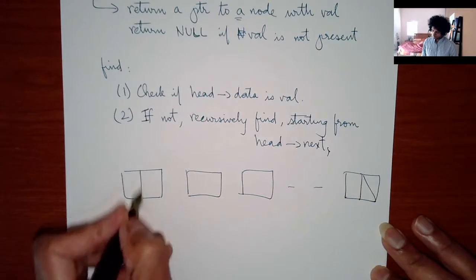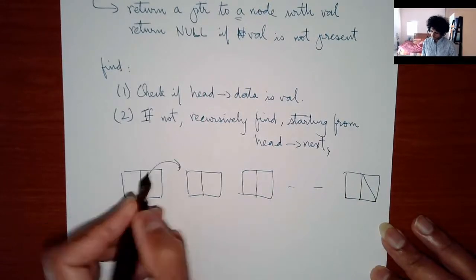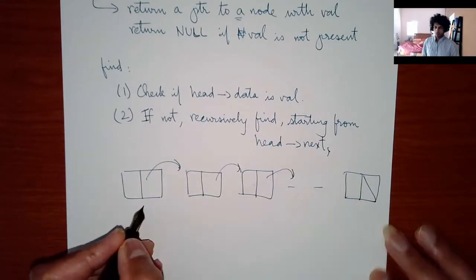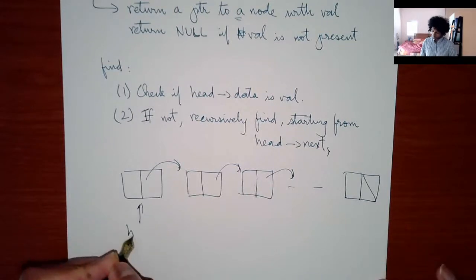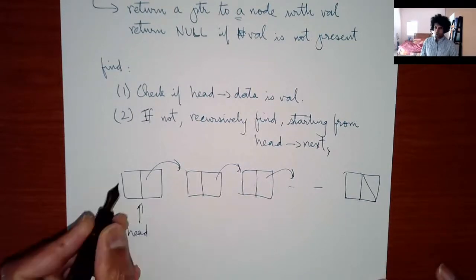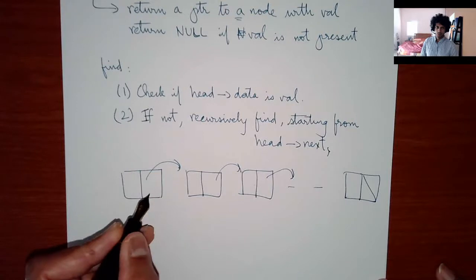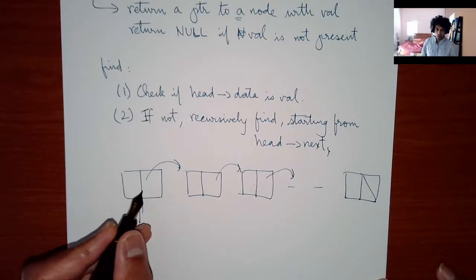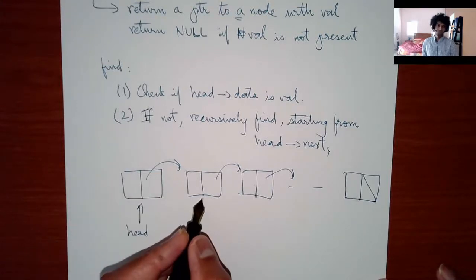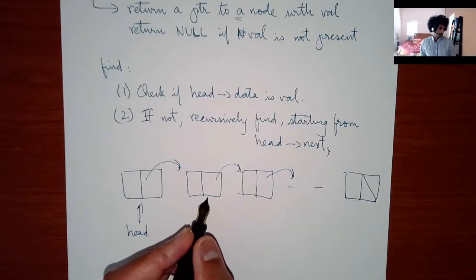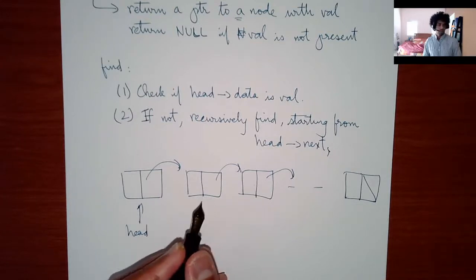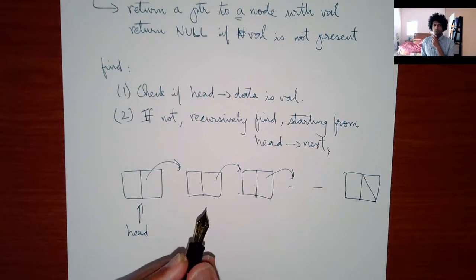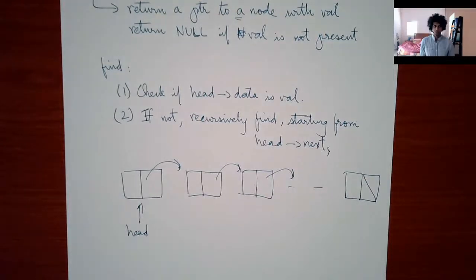This is head. So you first check, is val in here? If not, you recursively do find starting from here. Okay, that's the logic. So for that, you'll see that whenever you implement a recursive procedure, it's going to be useful to do some amount of overloading.